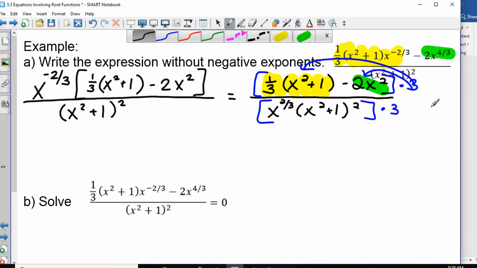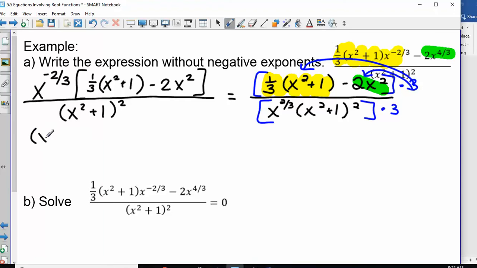So 1/3 times 3 is just a 1. Minus 2x squared times 3. 2 times 3 is 6x squared.